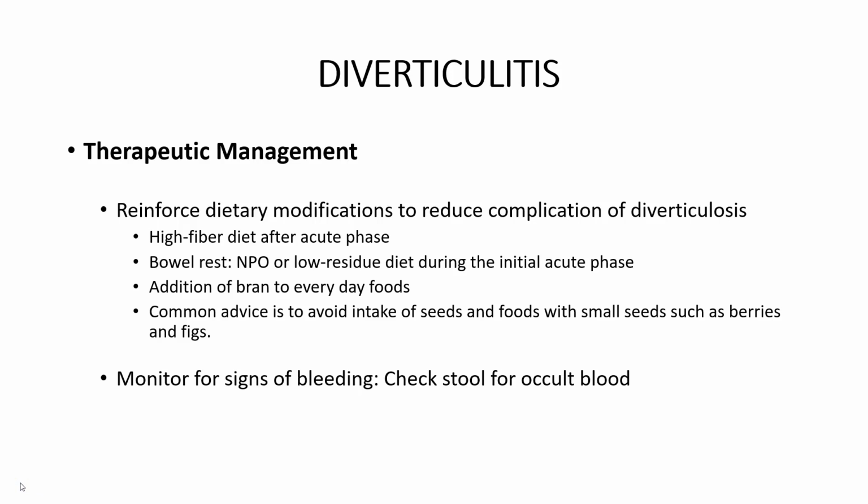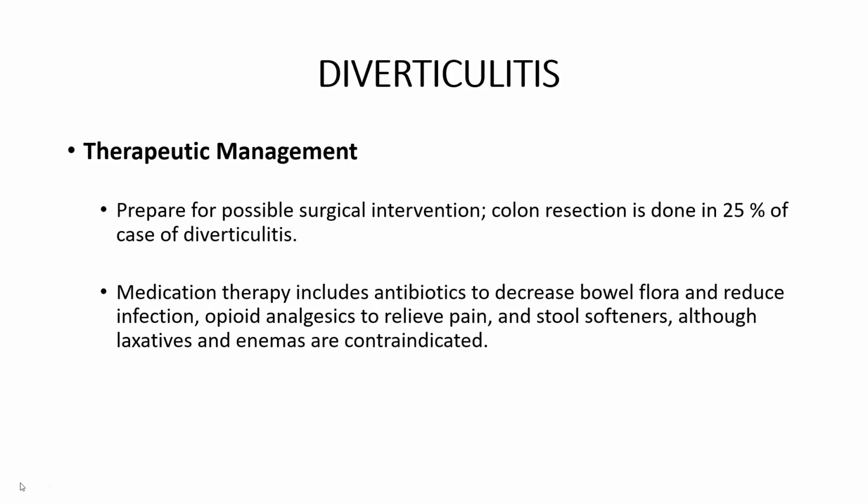Whether or not perforation occurs, when you have a patient that comes to your unit, you want to prepare them for possible surgical resection. So what they'll do is either cut out the diseased portion of the colon and then take one end and another end and hook them together, the good parts, or they'll give them a temporary colostomy.